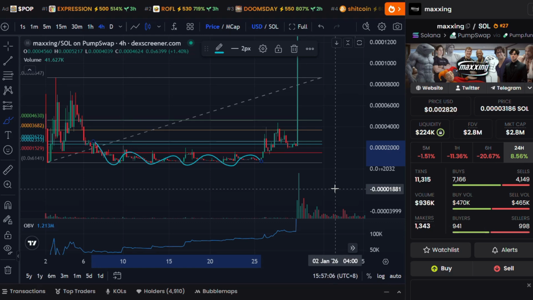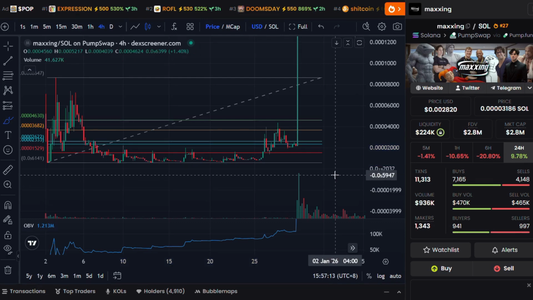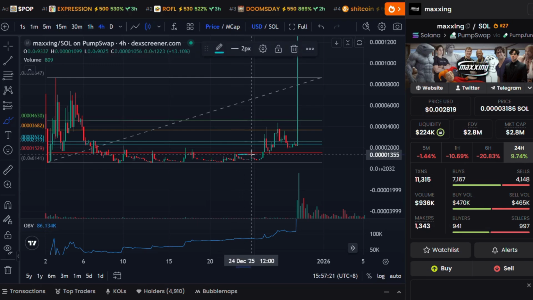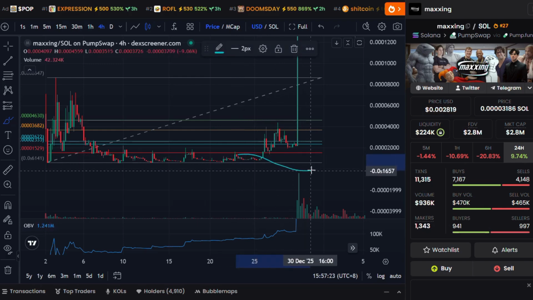In many cases, this is exactly what happens. If price reaches the 0.886 level and cannot reclaim higher levels, the meme coin will often continue falling. The trend breaks down. And price may rotate all the way back to the origin of the move. But sometimes the market does something very different.